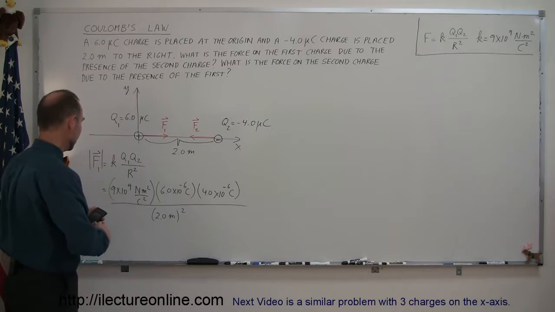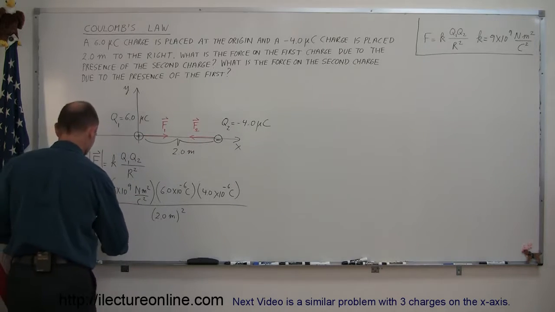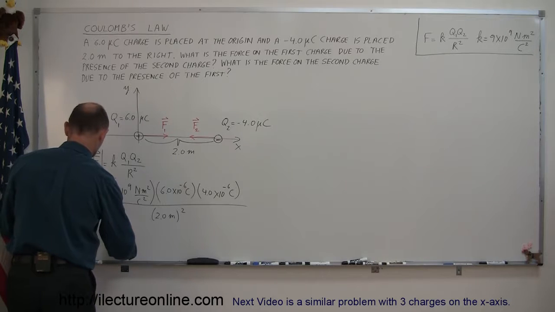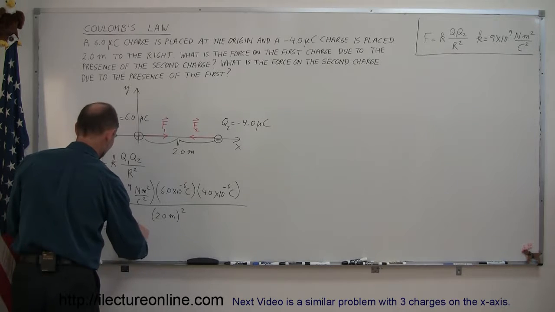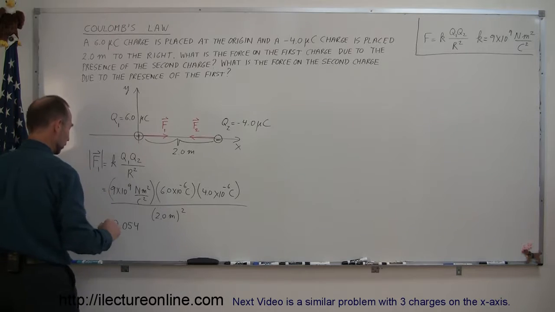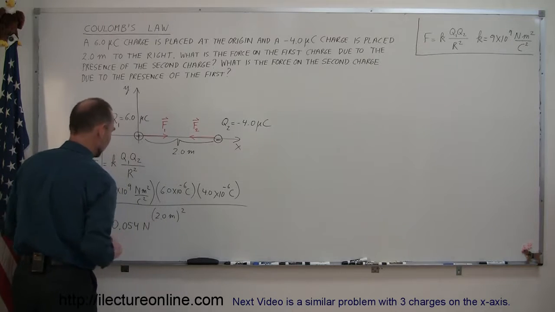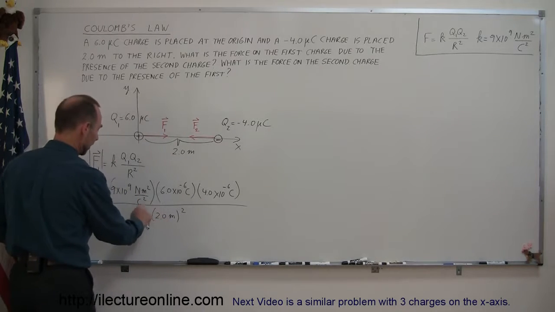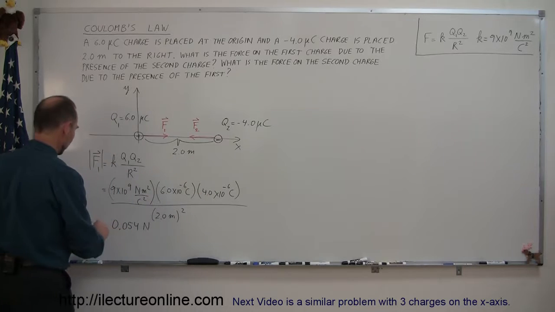All right, so the result is 0.054, and of course the units are newtons because the meters squared cancel out and the coulombs squared cancel out, so we're just left with newtons.